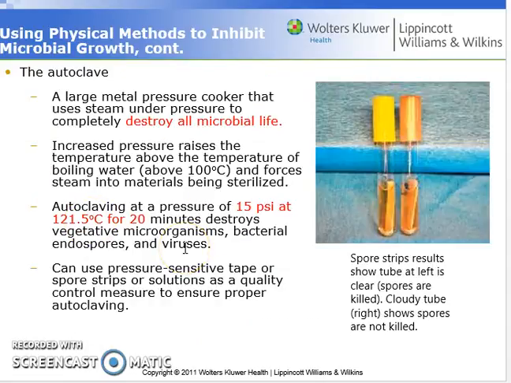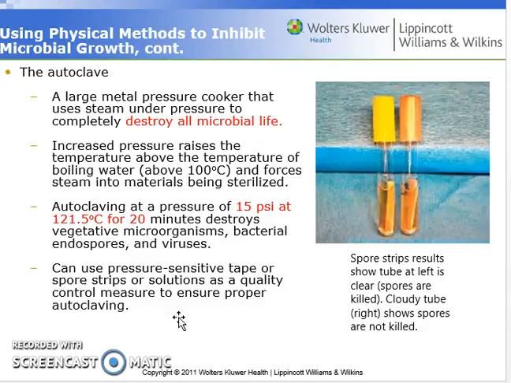The autoclave system, I talked about this a little bit already, but a little bit more detail about it is that it basically is a pressure cooker that relies on steam and pressure to kill microorganisms that are placed into it. As pressure increases, as well as the temperature, the water inside the autoclave system will start to boil.